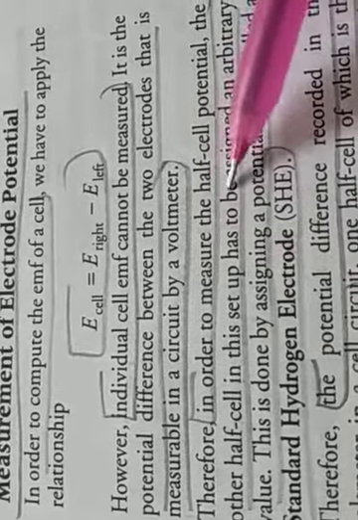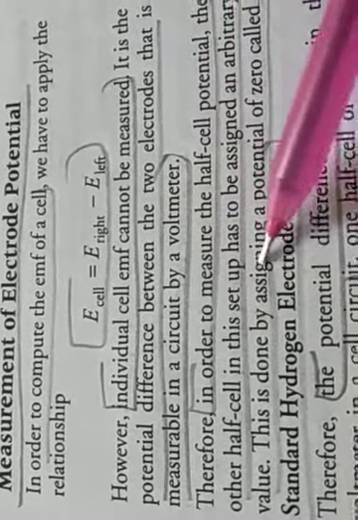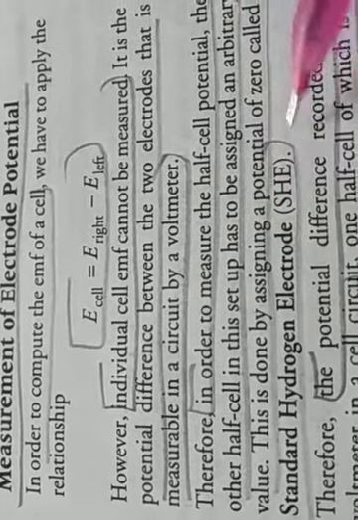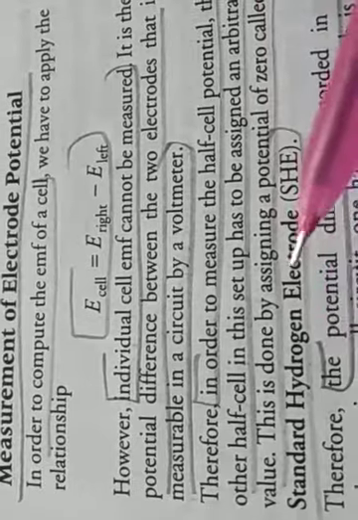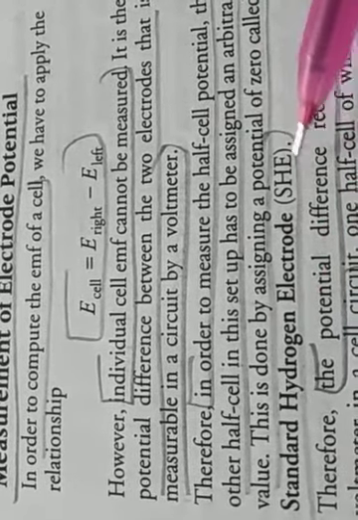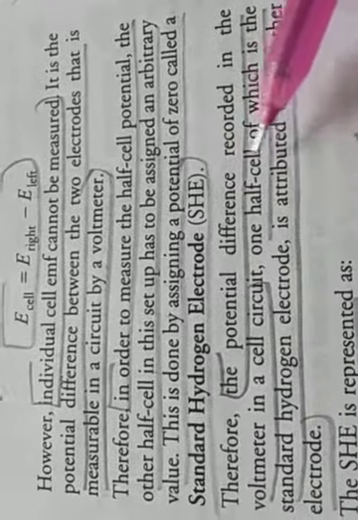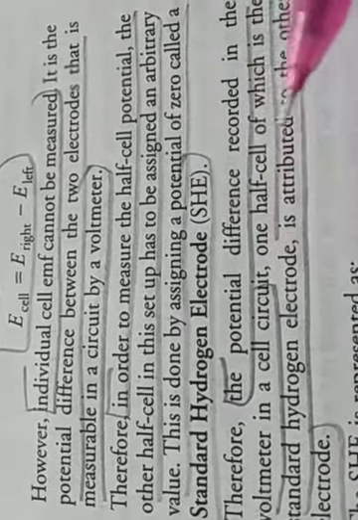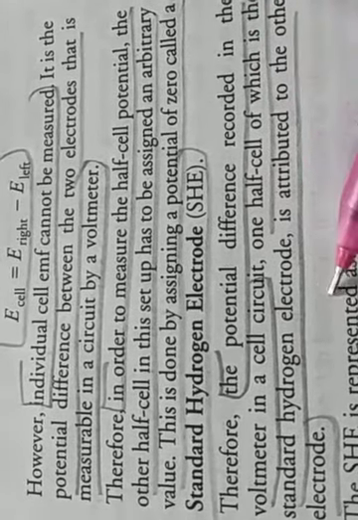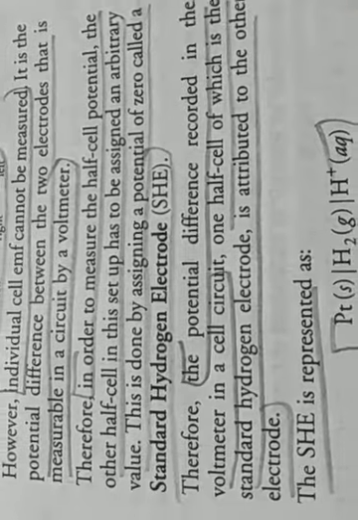In order to measure the half cell potential, the other half cell is assigned a potential of 0, and it is called the standard hydrogen electrode, SHE. The potential difference is recorded on the voltmeter in a cell circuit, one half cell of which is the standard hydrogen electrode, and it is attributed to the other electrode.